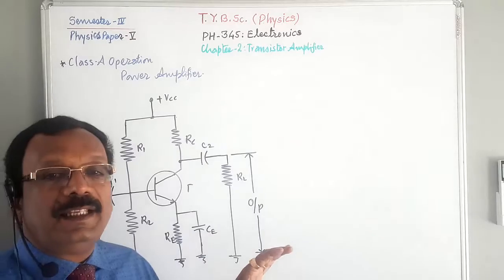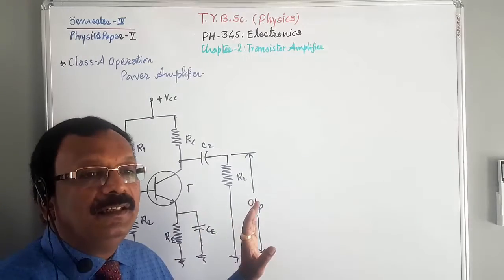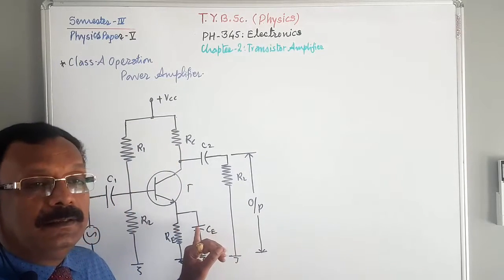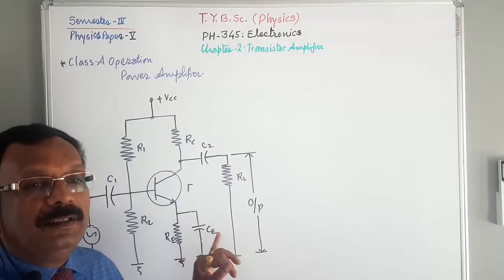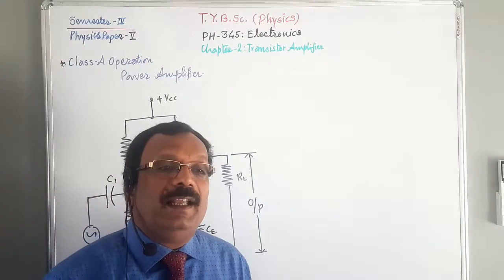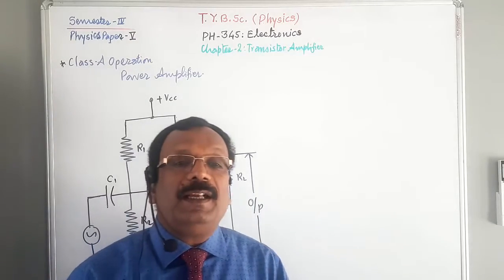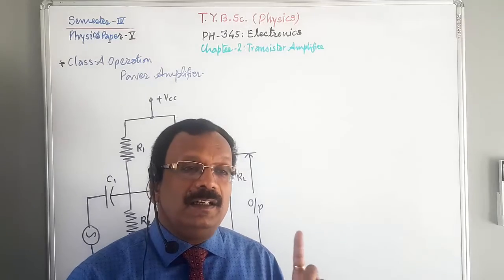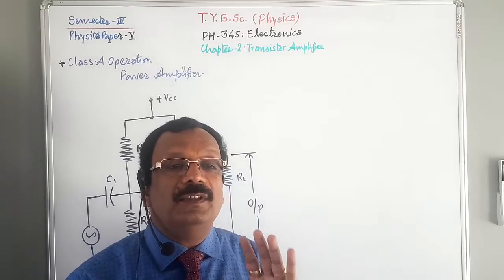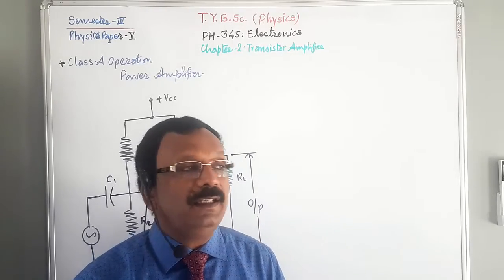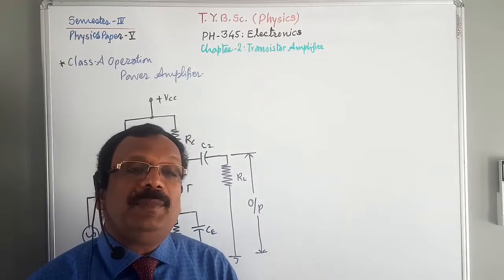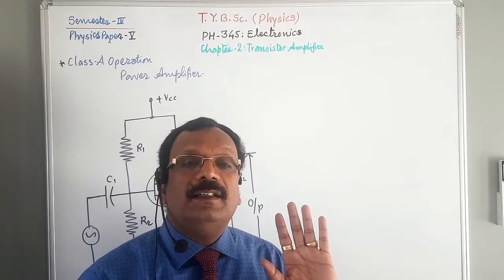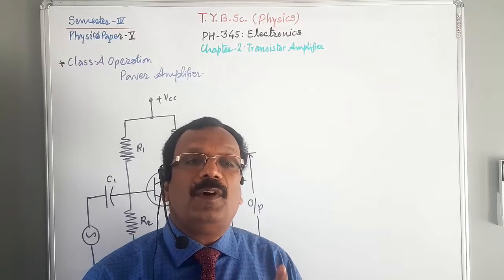And this is a Class A amplifier as long as the output signal is not applied. An amplifier is referred to as a Class A amplifier if the transistor used for amplification conducts for the full cycle of the input.